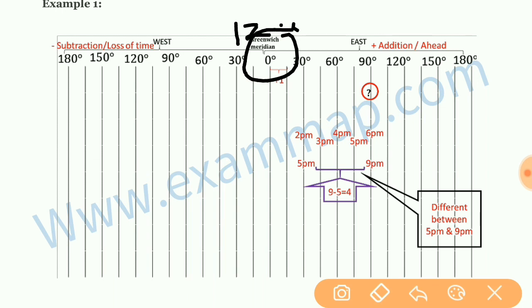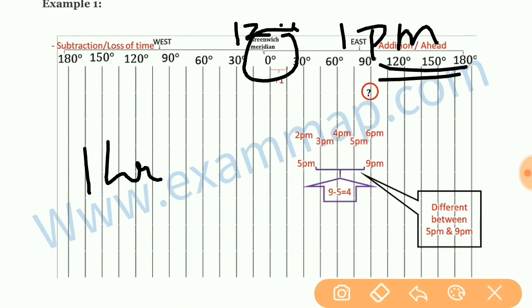In 0 to 15 degrees we have 1 hour, so 12 plus 1 is 1 p.m. To the east of the Greenwich meridian we have addition of time, and to the west we have subtraction of time. So in 15 degrees we have a 1 hour difference. Adding to 12 p.m. to the east of the Greenwich meridian, at 15 degrees we have 1 p.m.